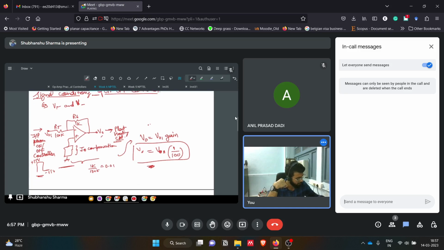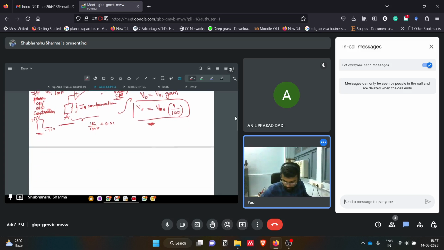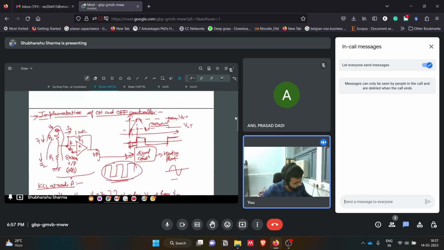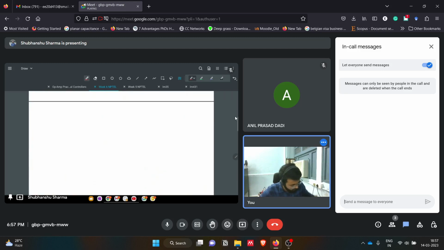Now, we studied about the on and off controller. Similarly, we have a proportional controller also.